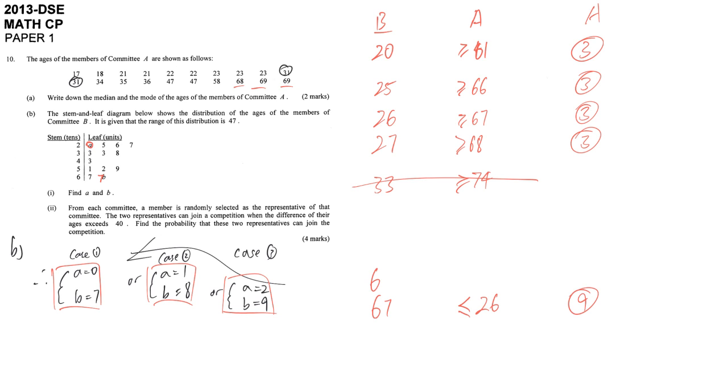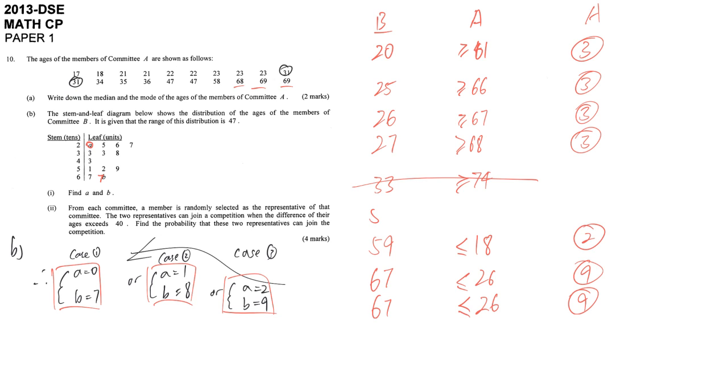Similarly, 67 again, so just exactly the same, 9. How about if it is 59, then it should be less than or equal to 18. I have 2 choices.